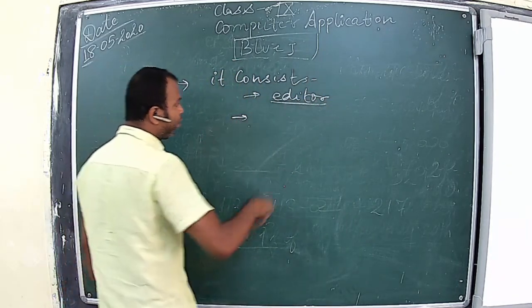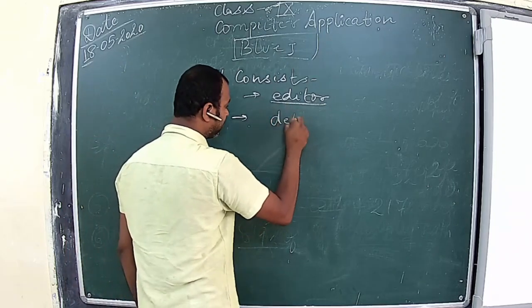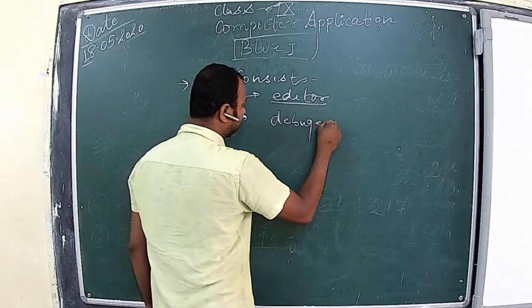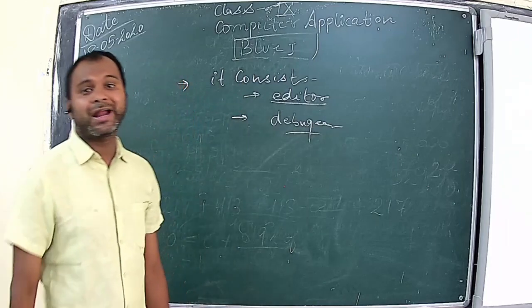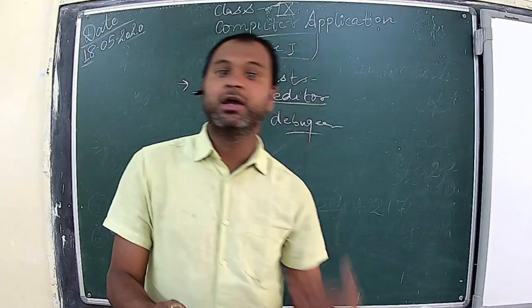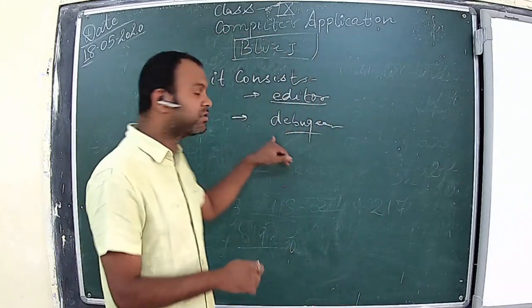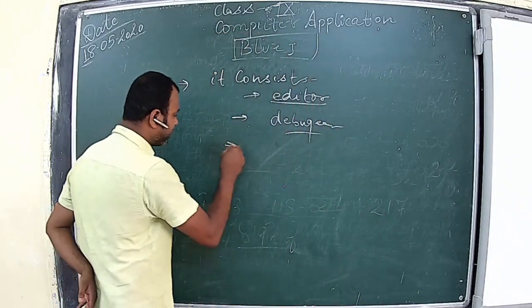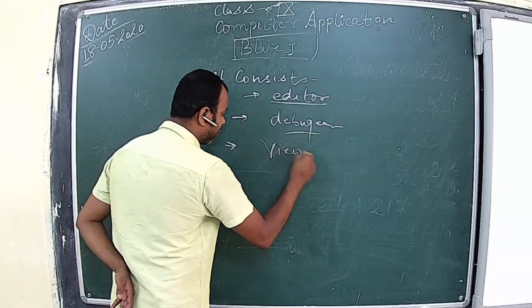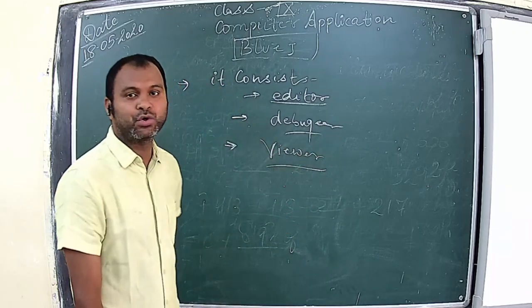Second thing, a debugger, where you can check your errors. Whatever you have entered, when you compile, you can check your errors; that debugger is there. And the last one is a viewer where you can see your code.